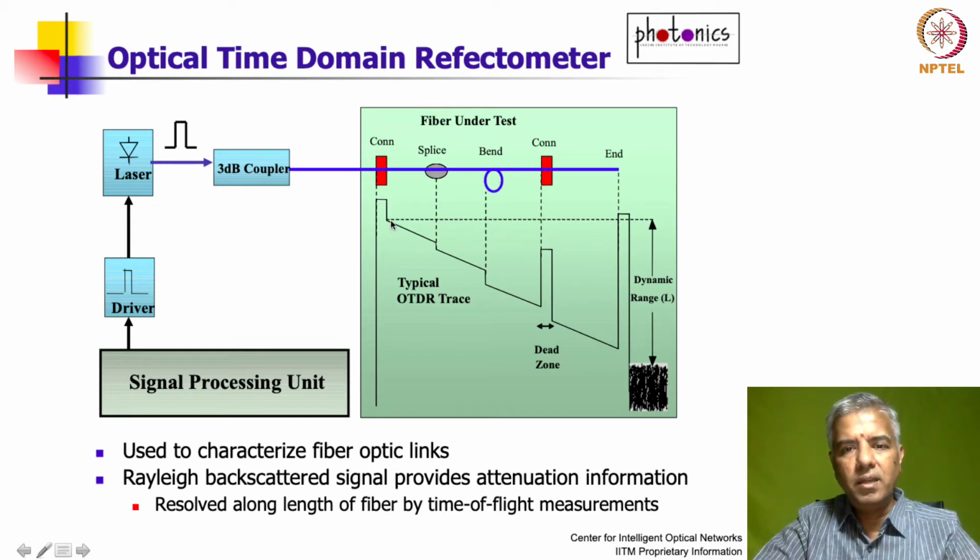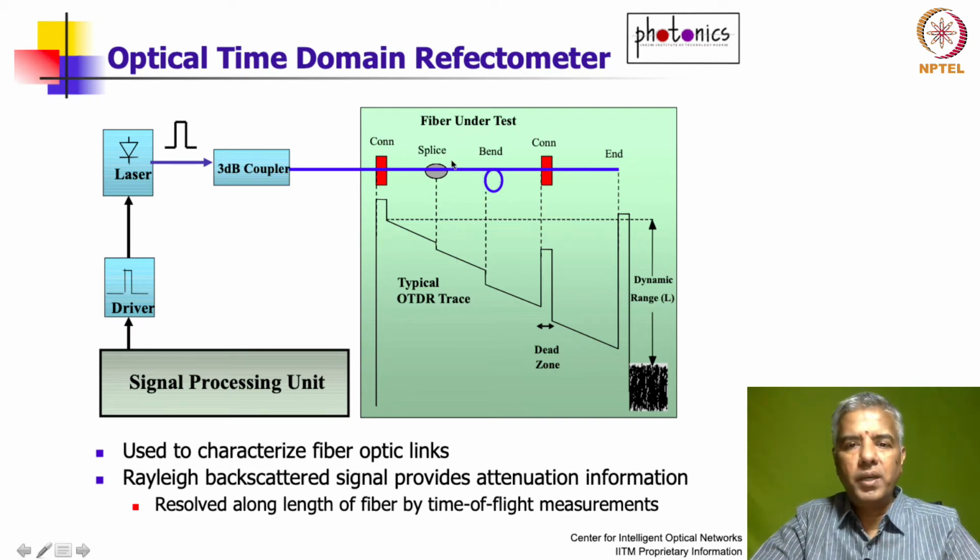And then when you look at the backscattered signal, this is the Rayleigh backscattered signal, it is going to keep going further and further down because it's getting attenuated as it propagates down the fiber. This is the 0.2 dB per kilometer attenuation that I talked about previously, right?